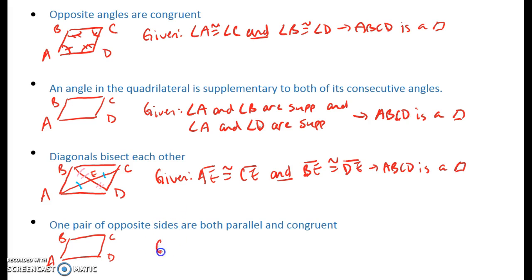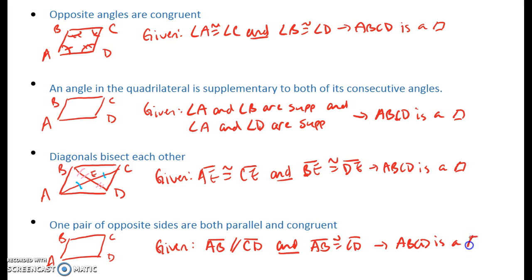So for example, if we know that AB is parallel to CD and AB is also congruent to CD, then we can say ABCD is a parallelogram. So again, one pair of sides need to be both parallel and congruent. So it's still two things, right? Then we've got a parallelogram.